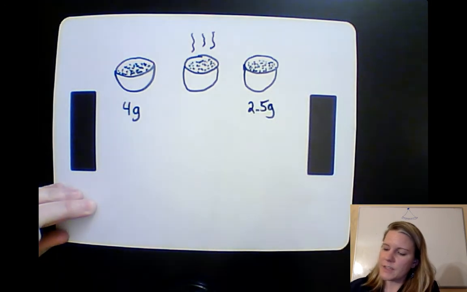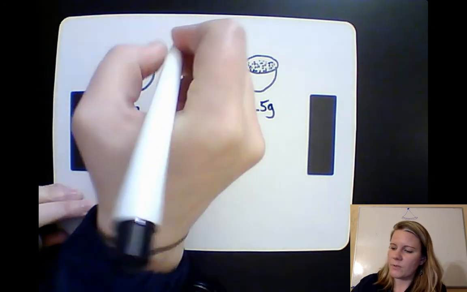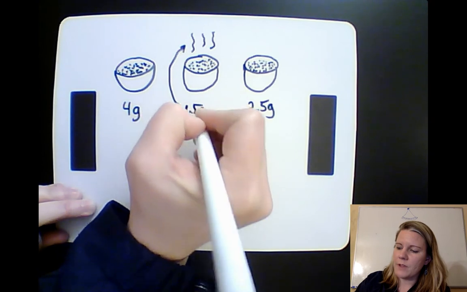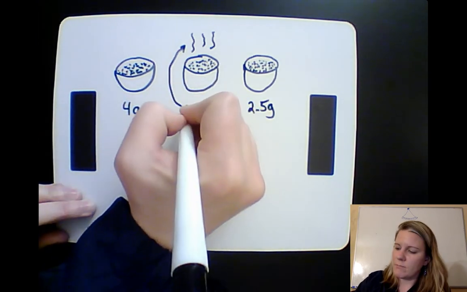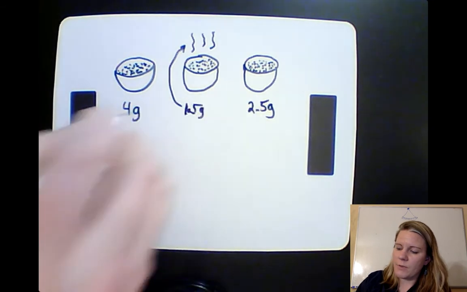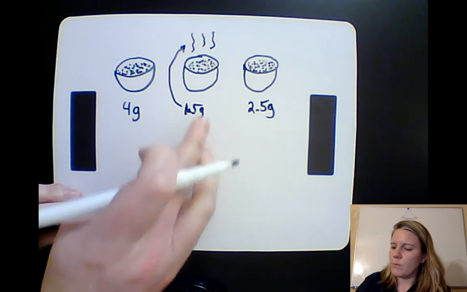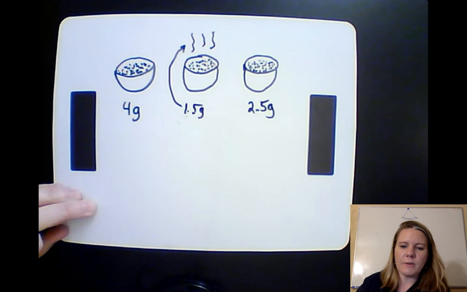You take the difference between those, we have to imply then that the mass of the water was 1.5 grams, which boiled off because that is the mass that is missing from your 4 grams going to your 2.5 grams. So 1.5 grams then is missing.